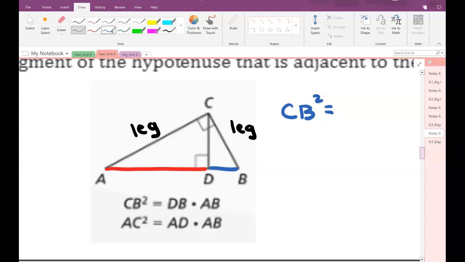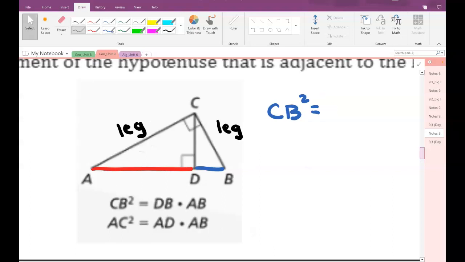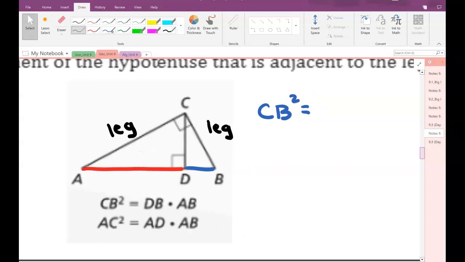So a lot of the time to find the length of AB, we're going to have to add this red segment and the blue segment together to get our full length.